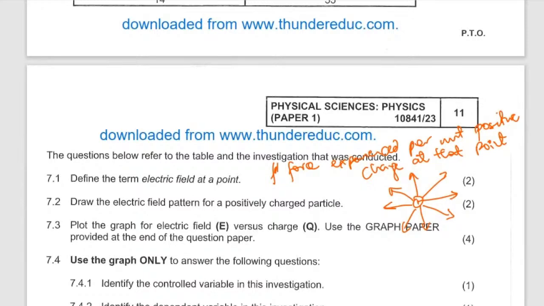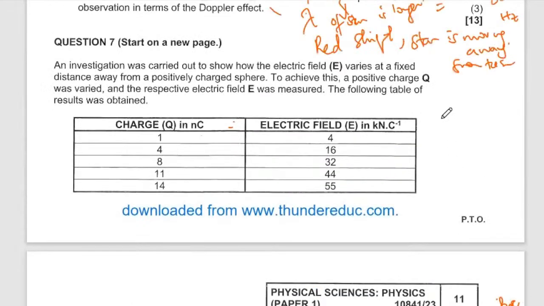So I'll just try to put that sketch. Now there's a graph page. Let's say 1, 2, 3. I'm just going to use 2, 4, 6, 8, 10, and so on.